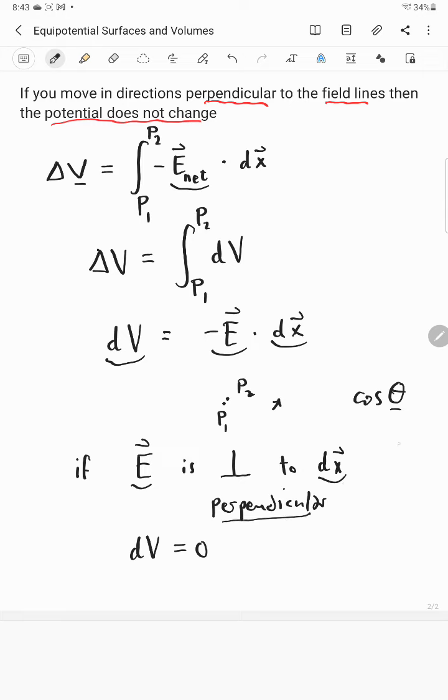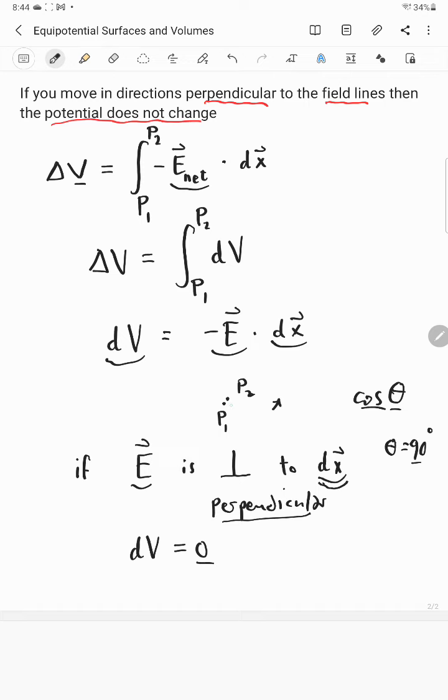And perpendicular means theta equals 90, and the cosine of 90 degrees is 0, right? So there is no change in the potential if you pick positions that are organized relative to each other in a perpendicular sense to the electric field.